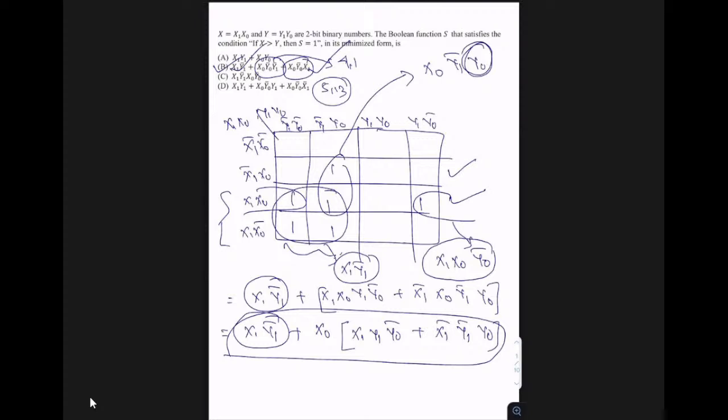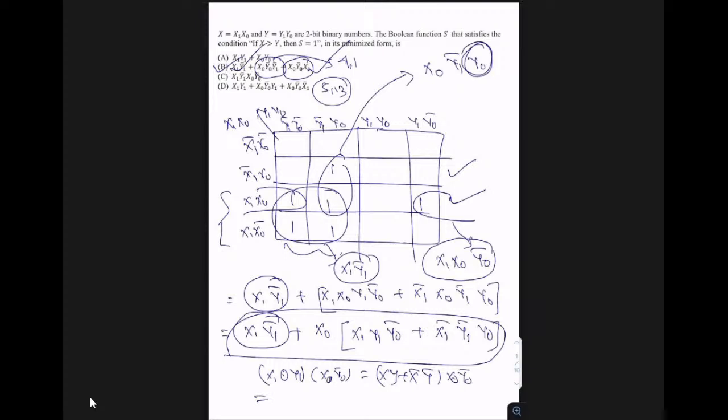Anyone? What is the expression we have taken actually? That was, if you remember, X1, X0 with Y1, and it was X1 and X0 and Y0 bar. This is what we have taken. So this was XY plus X bar, Y bar, and this is X0 and Y0 bar.